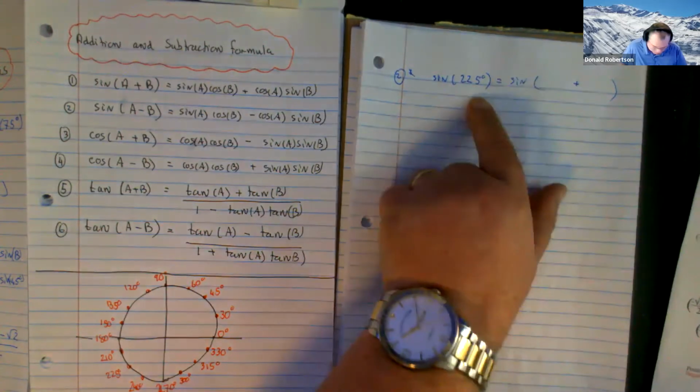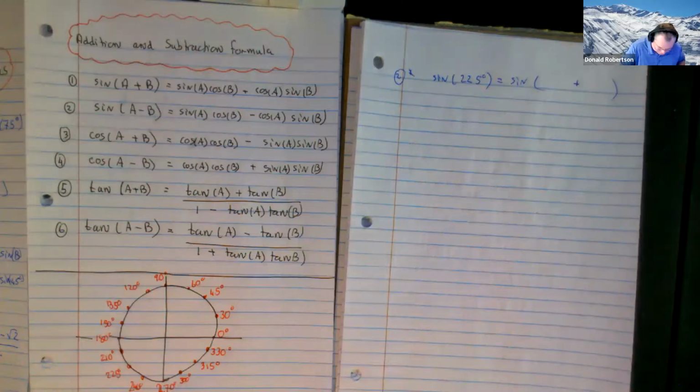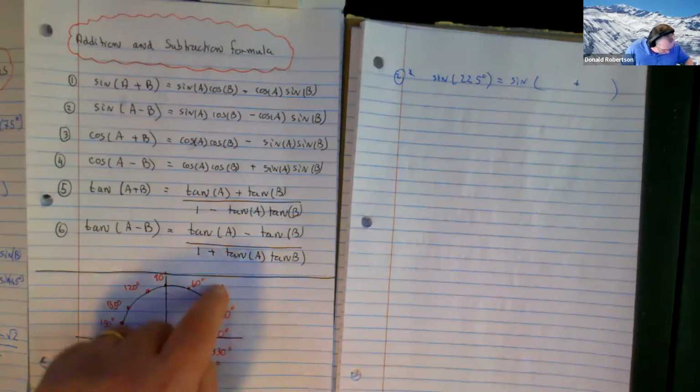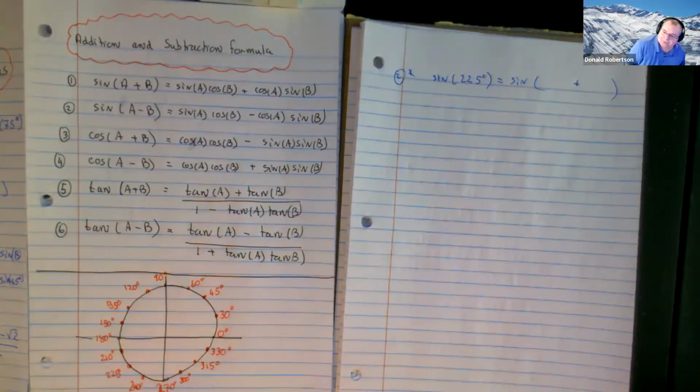Right, 225 degrees. Give me 2 guys that add or 2 guys that subtract that come to 225 degrees. Here's your choices. Two guys added or 2 guys subtracted.